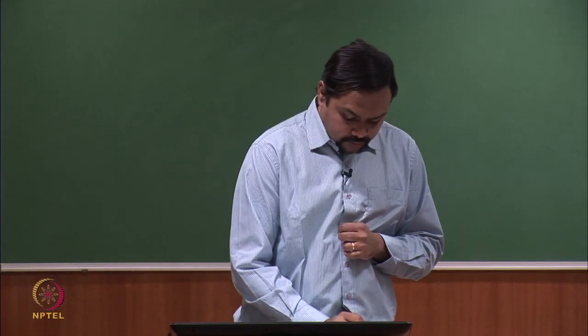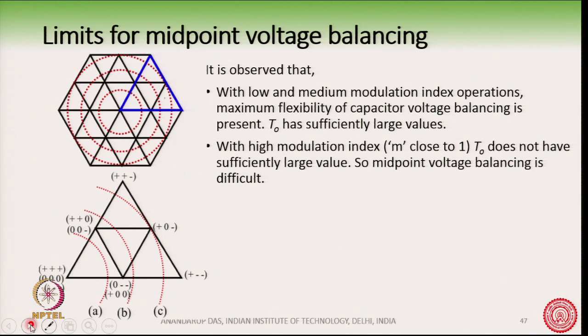There is also one more limitation of this technique, and this can be understood from this space vector diagram. Here you see the overall space vector diagram, and I am drawing three reference vectors for different modulation index.